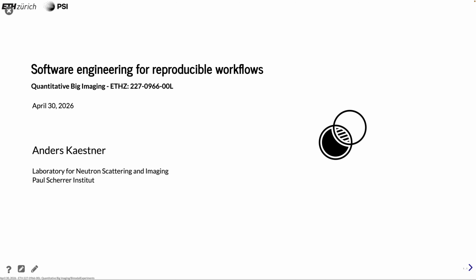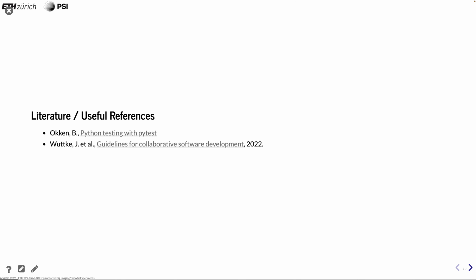The more strict way would actually be to use some software engineering in order to get our workflows more reproducible and well documented. And for this, there are a couple of books and papers.